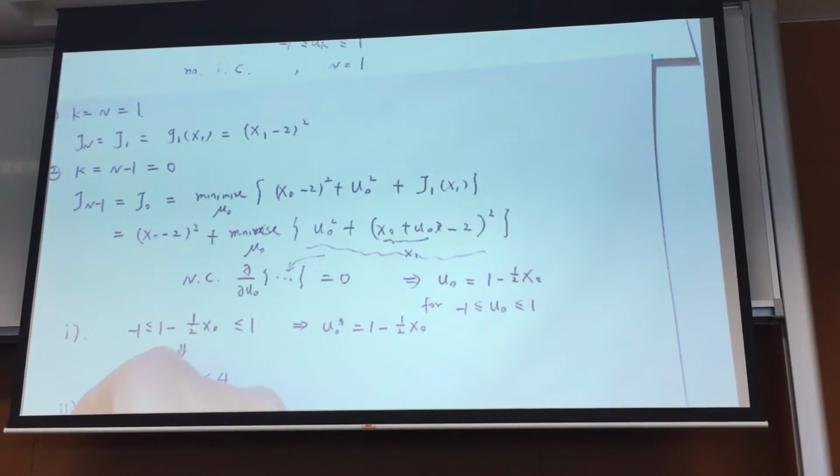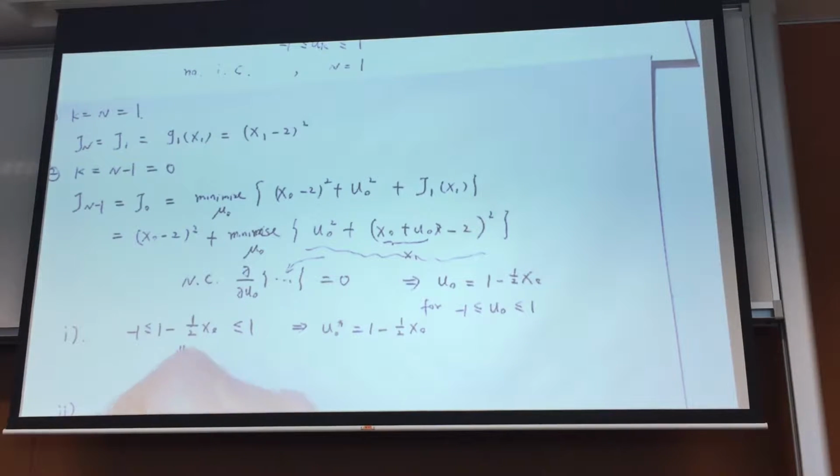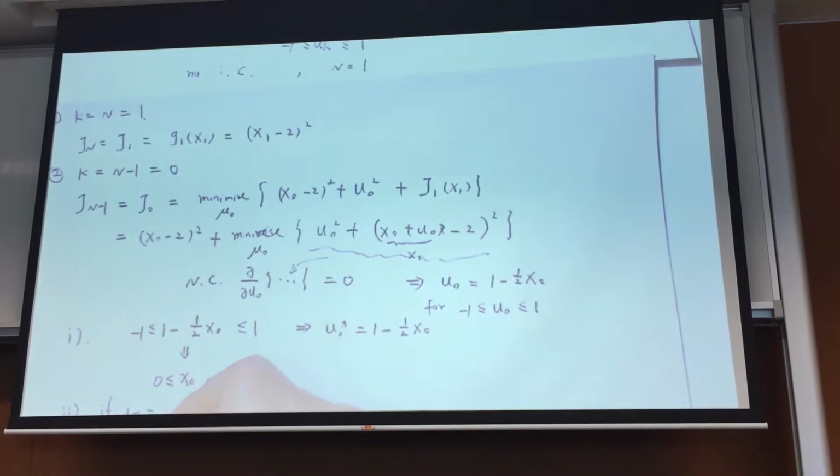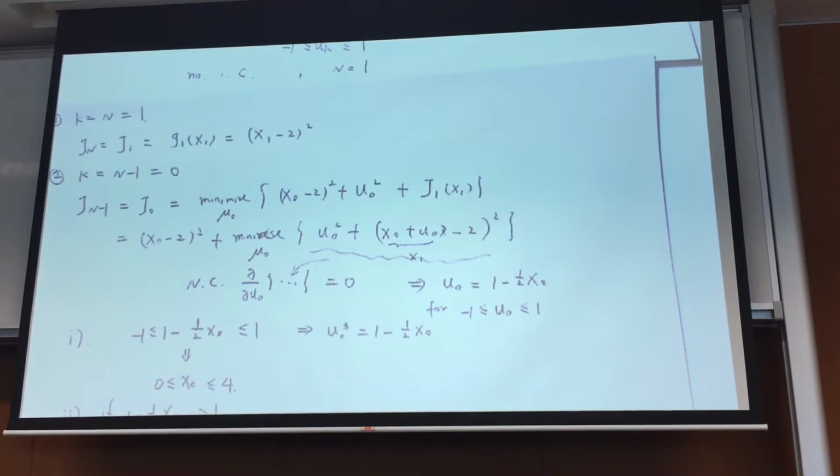So what are the other situations? How about if 1 minus half x0 is greater than 1? In this case, what will be the optimal input?